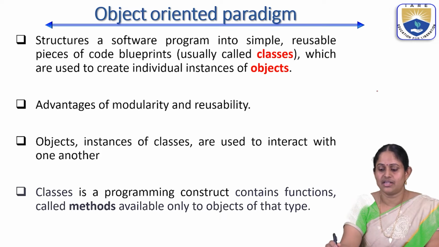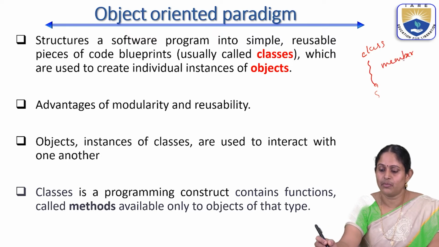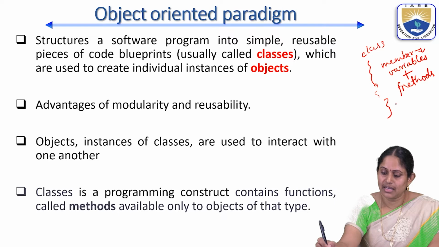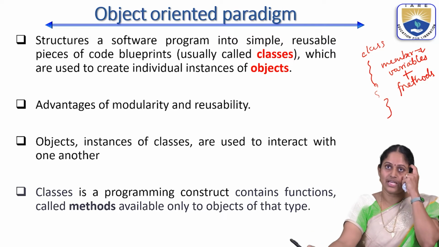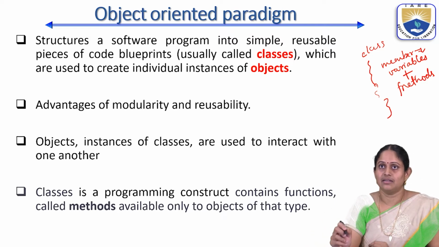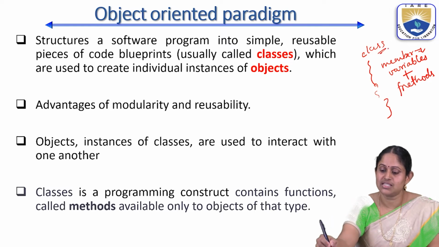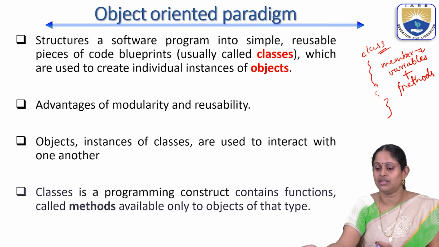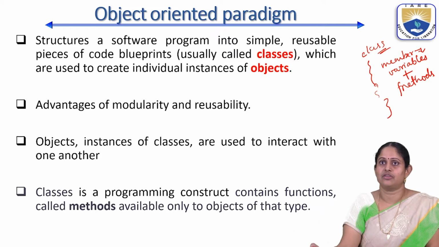A class is a data structure which contains the member variables or instance variables. These members can be instance variables and methods, and the methods are functions. So the class will encapsulate all these members together, and using this class, we define how the object will behave and what will be the state of the object.